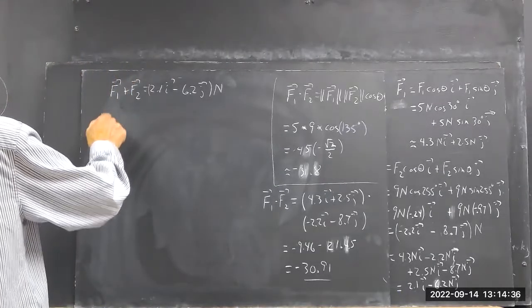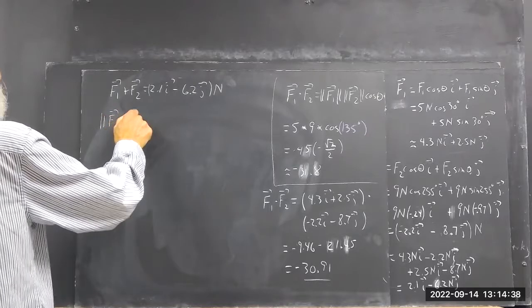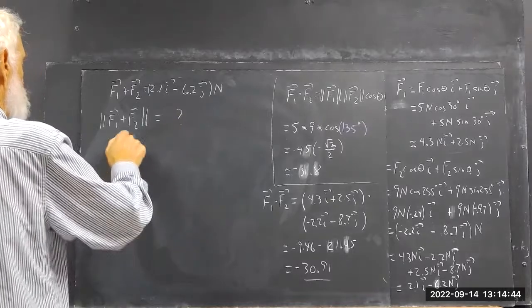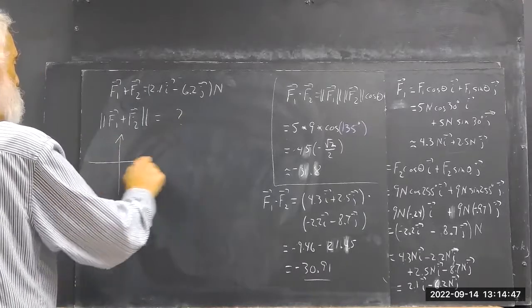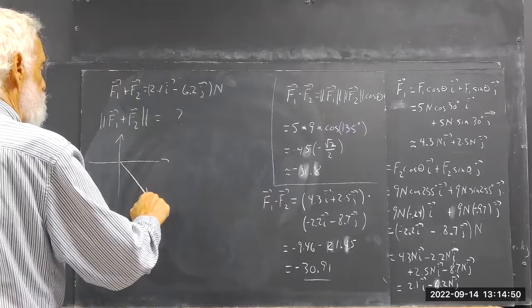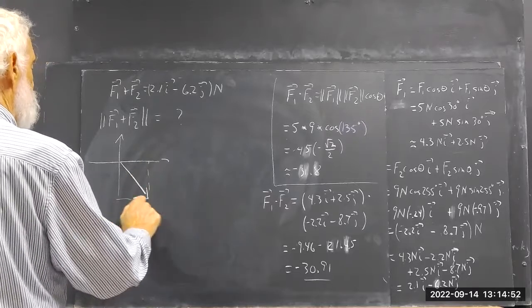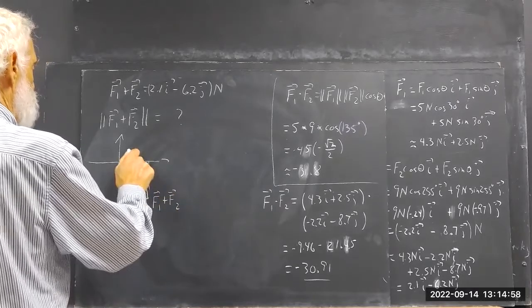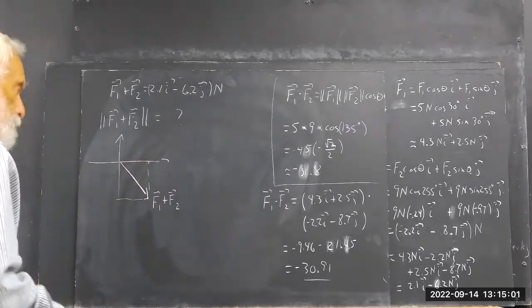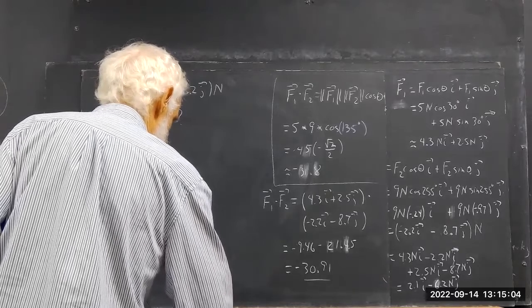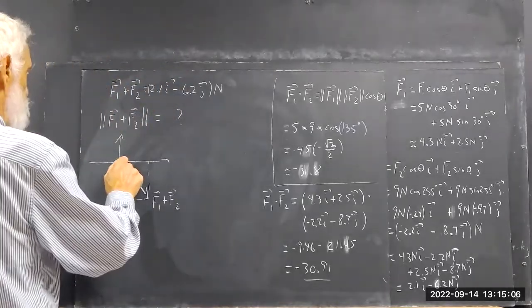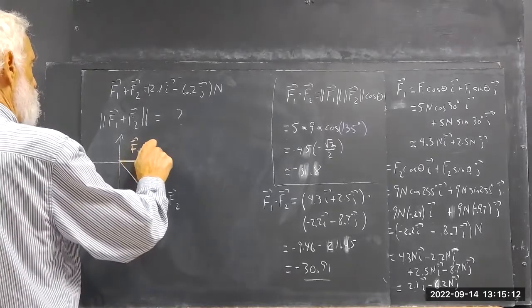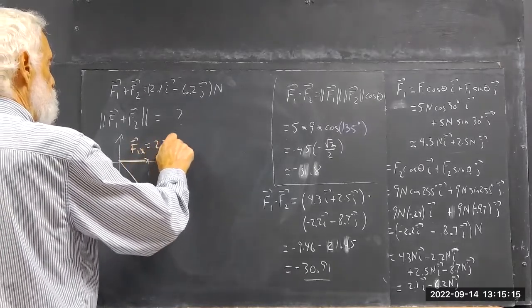What's the magnitude of that? Well, we got a picture. Not a good picture. Here's F1 plus F2. And here is F1x, which is 2.2 newtons times I.